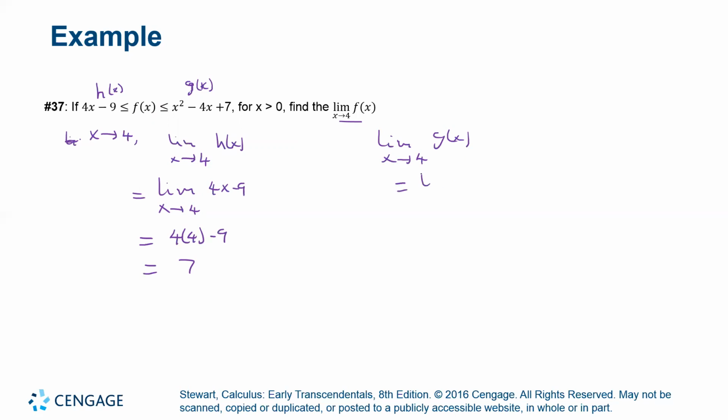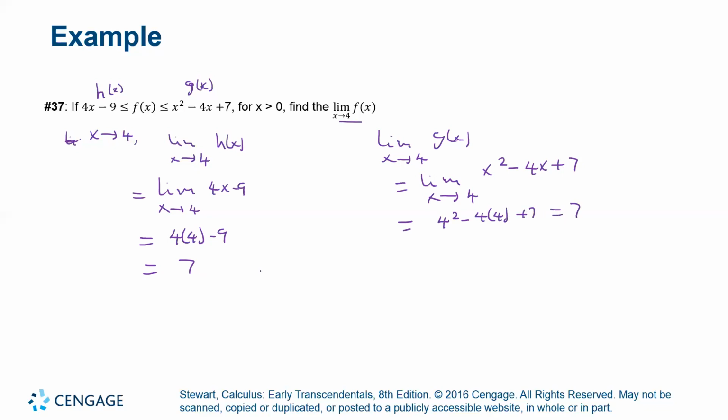This is also the limit as x approaches 4 of g, which is x squared minus 4x plus 7. Well, this is a polynomial function, it's quadratic, the domain is all real numbers, and therefore we use direct substitution again, which gives me 4 squared minus 4 times 4 plus 7. And that gives me also 7.